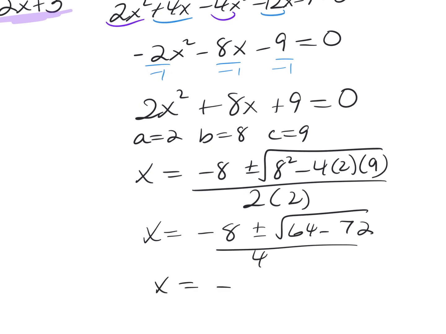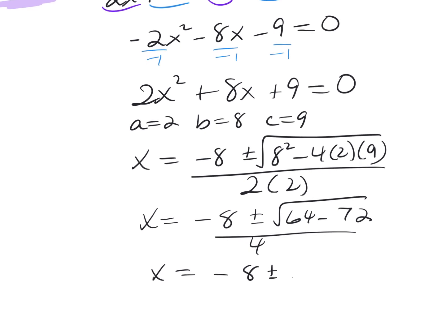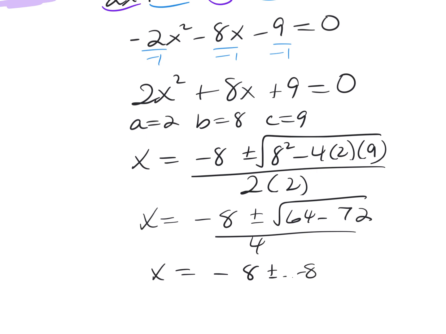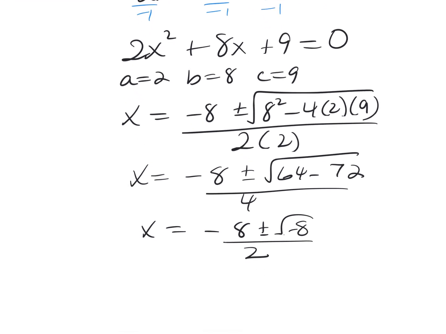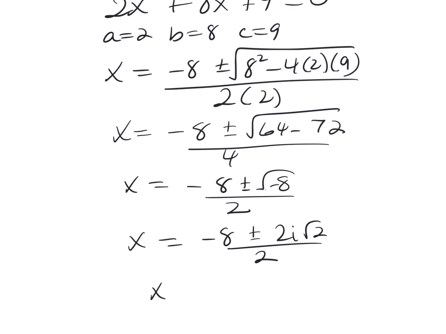I would simplify this, and I would get negative 8 plus or minus 2i radical 2 over 4. I can divide all of these by 2, and then I get negative 4 plus or minus i radical 2 over 2. Again, you would stop; for WebAssign, no solution, but if it were an SAT, we would keep going.